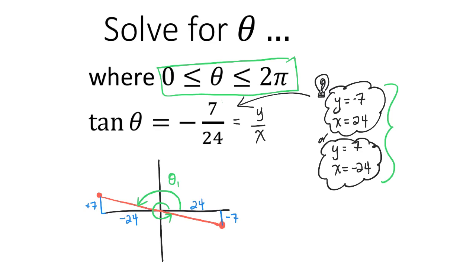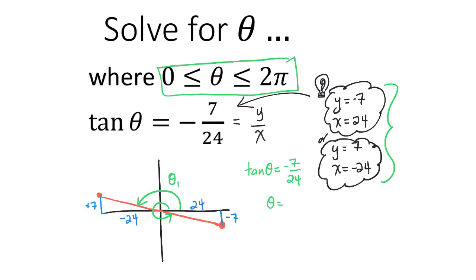Okay, so now to figure this out, we need to use our calculators, because the 7 and the 24 are not any of the side lengths from our familiar special triangles. So we remember what we learned in grade 10 when solving for theta with trig equations like this: we can take the tan inverse of both sides.